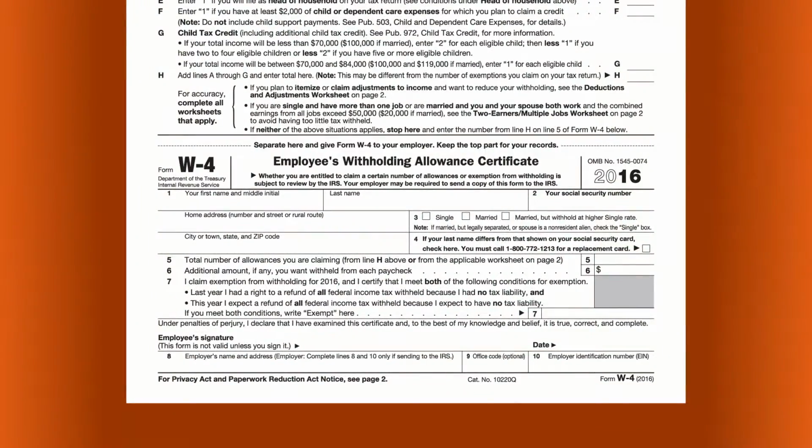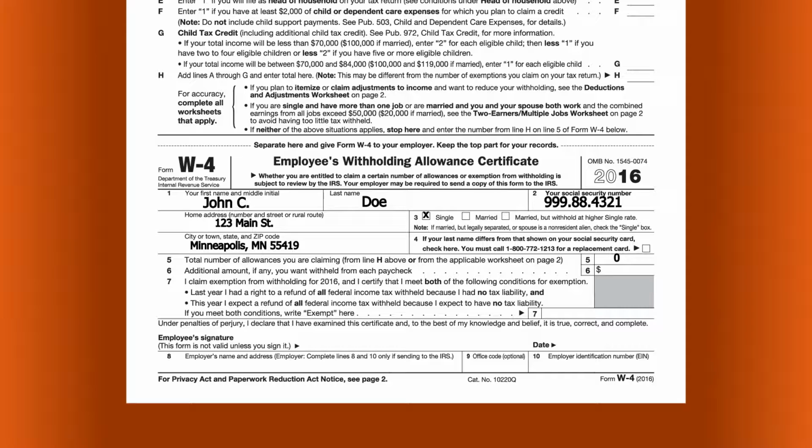Enter your personal information in lines 1 through 4. If you prefer to receive money at the end of the year, it is suggested to enter a 0 or a 1 in box 5. There is no right or wrong answer. It's a personal preference.